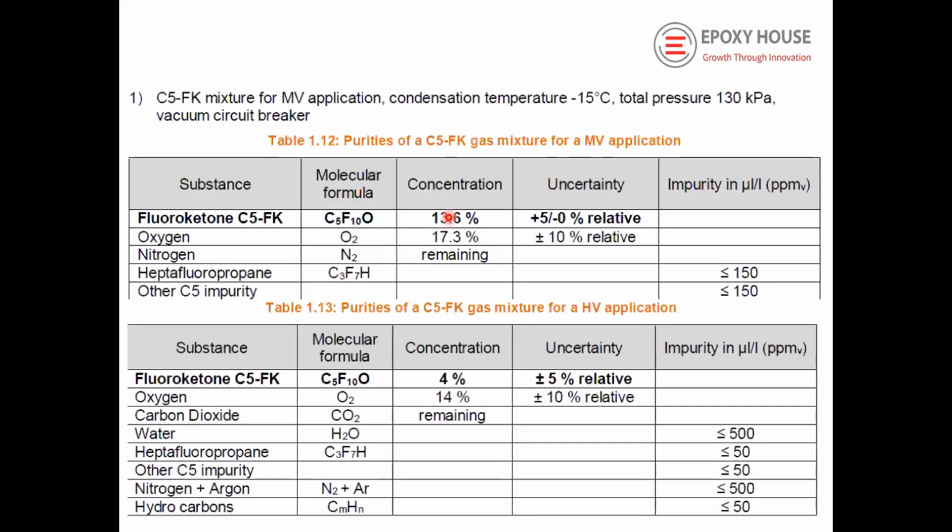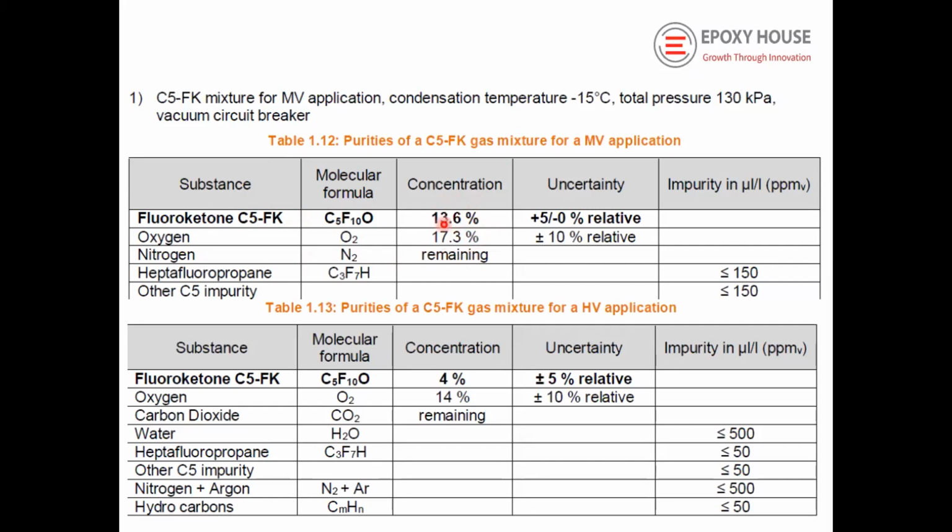So if you see the application, about 1.3 bar is the pressure of the medium voltage switchgear. Fluoroketone is almost 13.6%, and oxygen is 17.3%. Nitrogen is the remaining, about 60-70% almost.